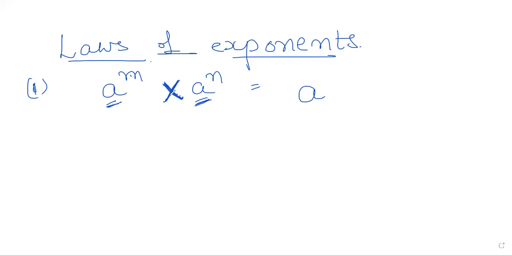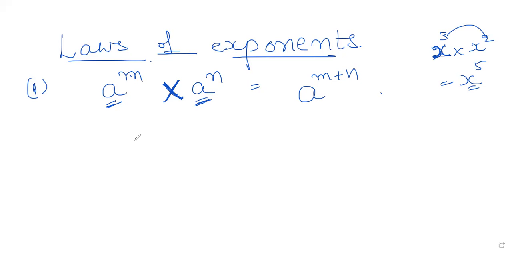So in multiplication, when the bases are the same, we have to add the powers. That is m plus n. Already I have explained. For example, x to the power of 3 into x square, I taught you, right? So x and x are the same, we should add the powers, right?